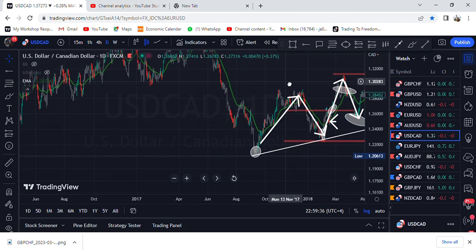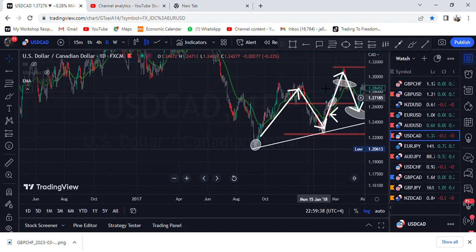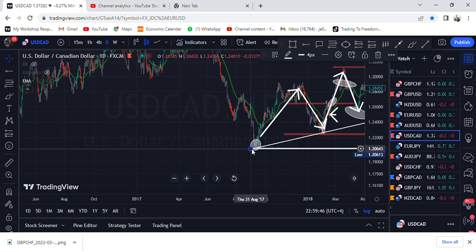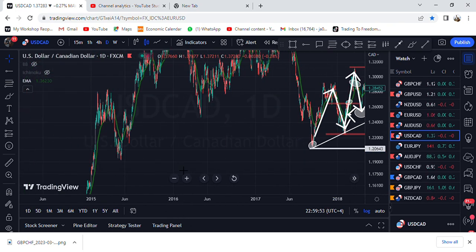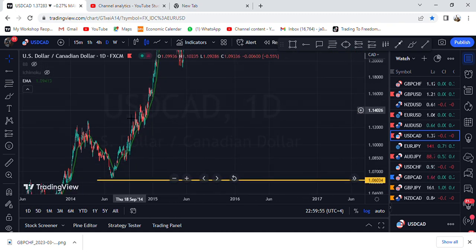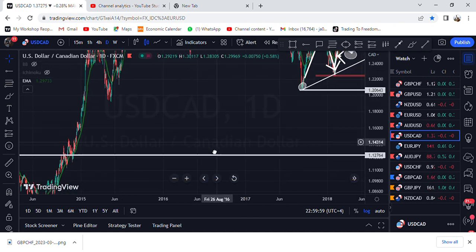If it breaks below here, if the market breaks this neckline and breaks this bottom level and breaks this last support, then this is where you'll be taking your profit.